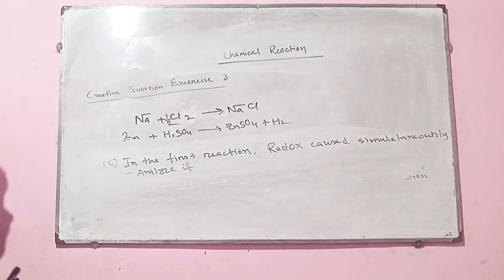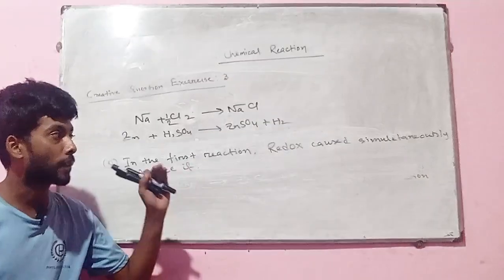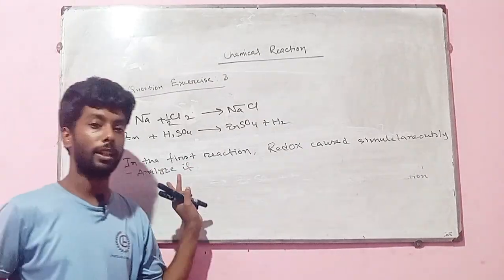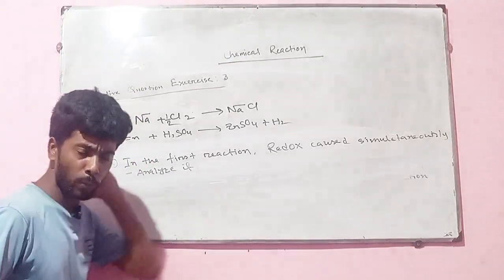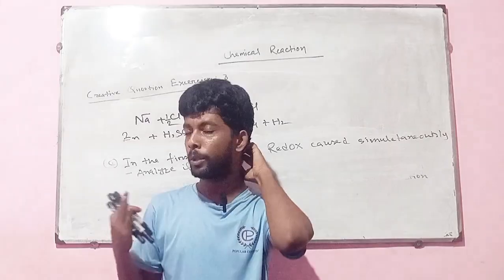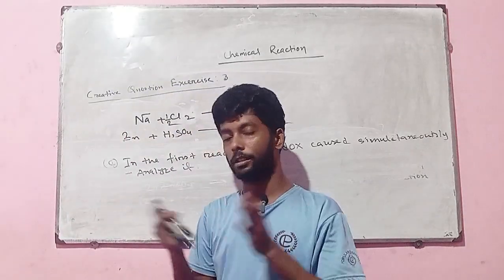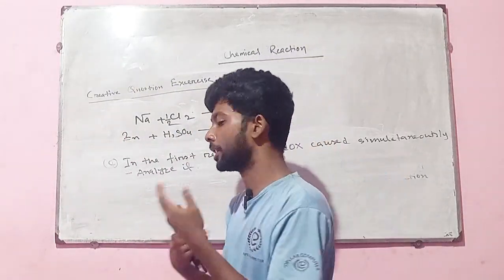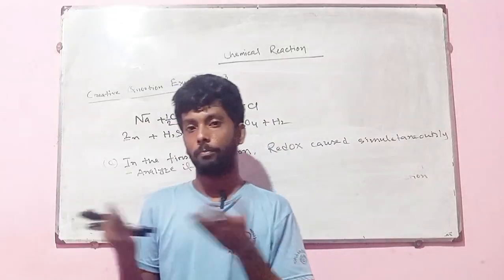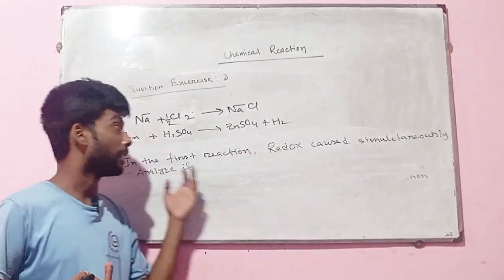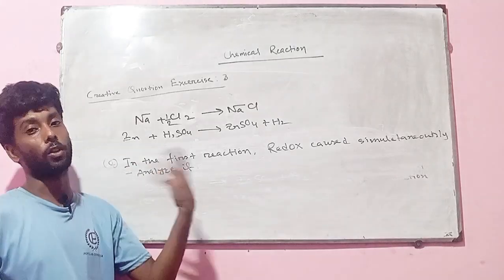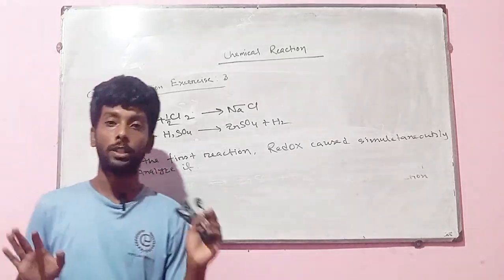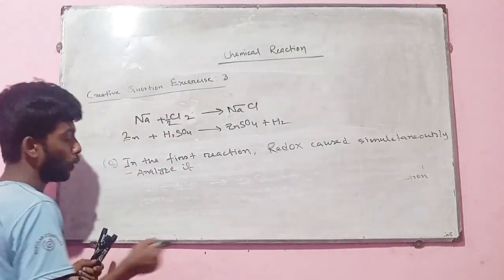This is the question: in the first reaction, redox occurs simultaneously. You will have to just analyze it. We know that in a reaction where electrons can be shared, or electrons can be given and taken, we can determine it as a reduction and oxidation reaction. So from this purpose, we can write the whole reaction.